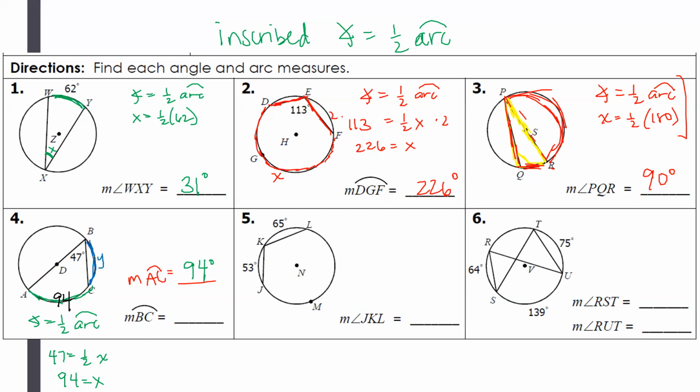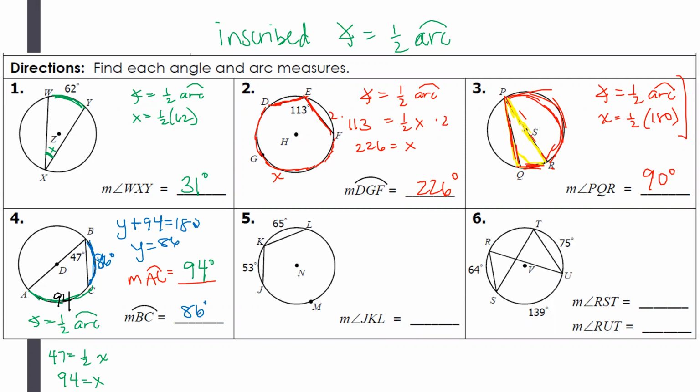So let's call it y. Y plus 94 equals 180. So now that we have that set up, we can solve for y. So we'll just subtract 94 from both sides. And we get 86. So that means that the blue arc here is 86 degrees. So the measure of arc BC, 86.